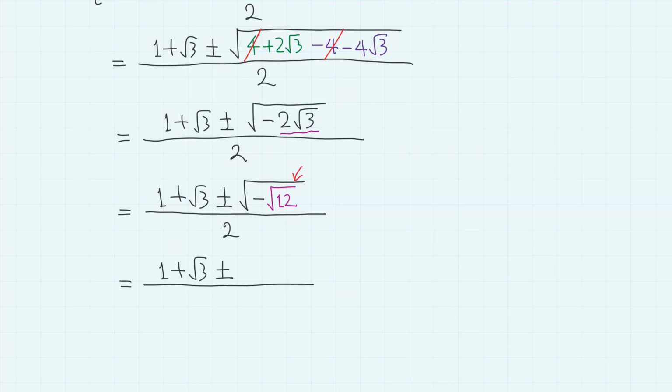So inside this radical, we have a minus sign and then square root of 12, or more precisely, positive square root of 12. And whenever we have minus some positive number inside the radical, we can write this as square root of that positive number, in this case positive square root of 12, times imaginary unit i.